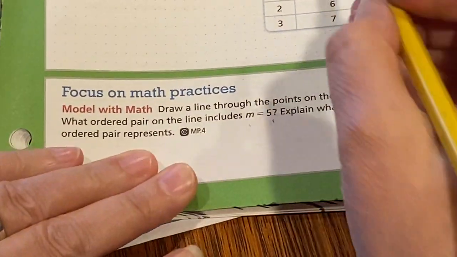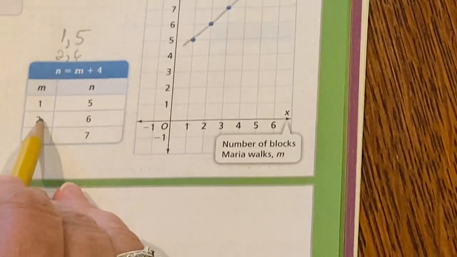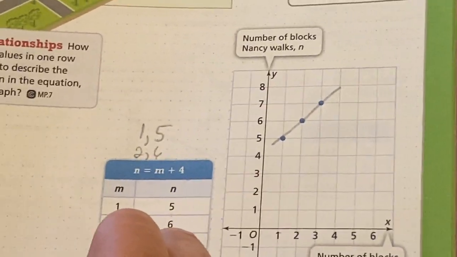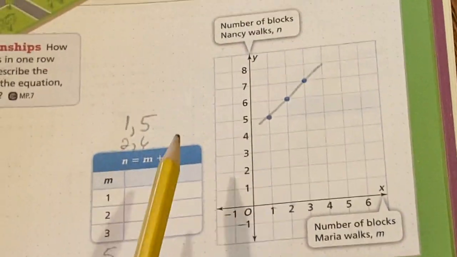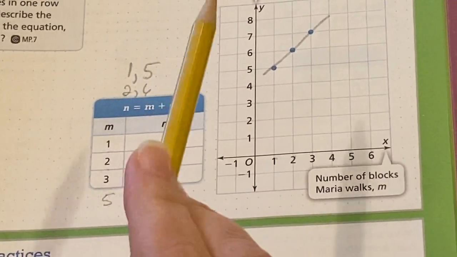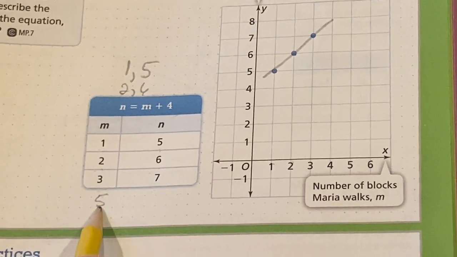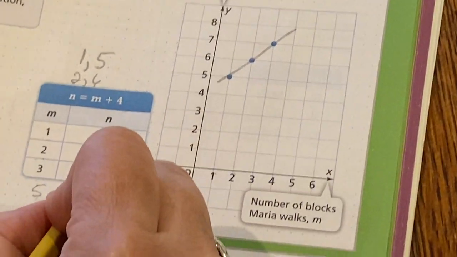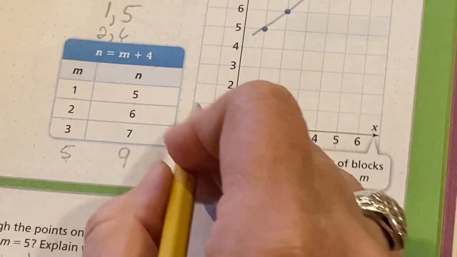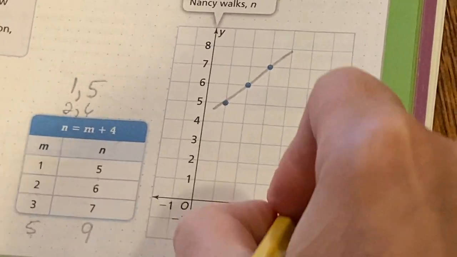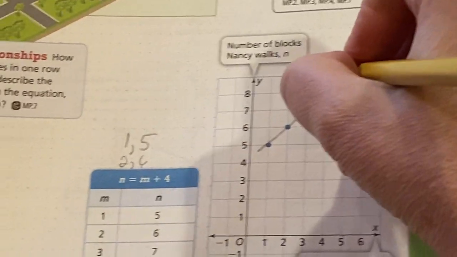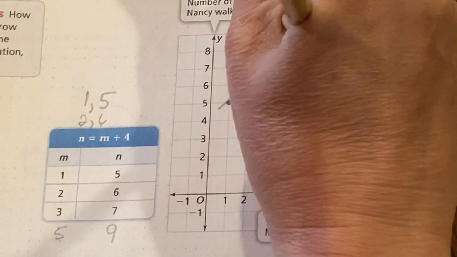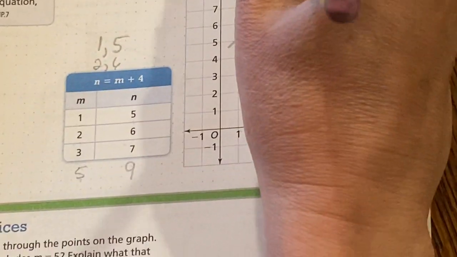Okay, so if we've got 1, 2, 3, what if M was 5? What's our equation? N is M plus 4, so it would be 9. So our next point would be over 5, up 9, and put a point at that, and then continue them.